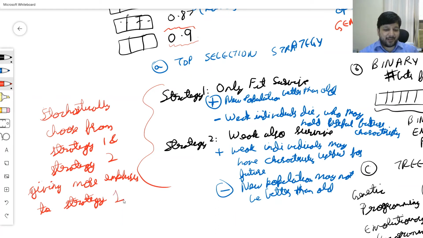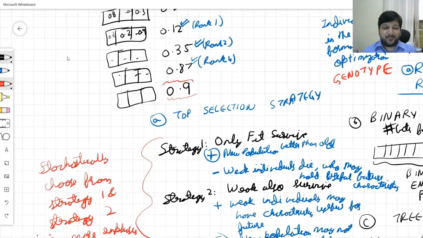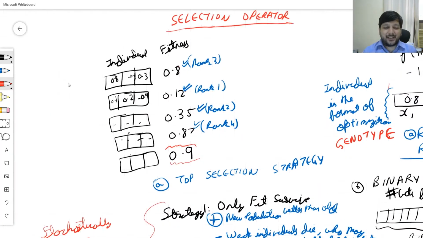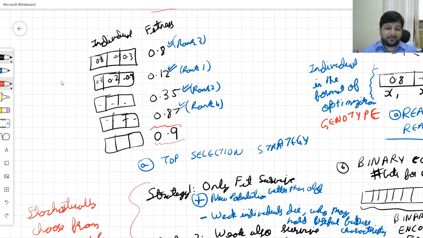So giving more emphasis to strategy 1, because the new individuals need to be better than the old ones. The fitter individuals should reproduce more, they should produce more children so that the newer population is better, and the weaker individuals are bad for the animal, they are bad for the society, so they should die off.